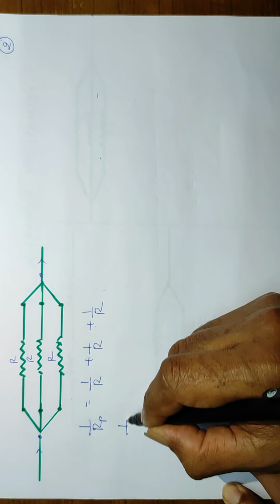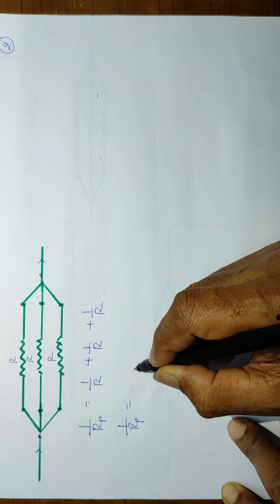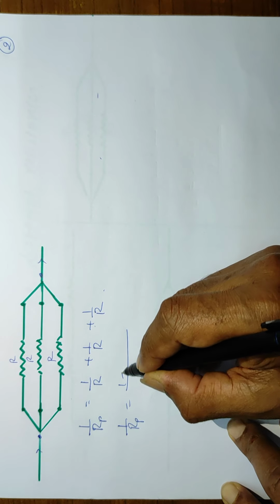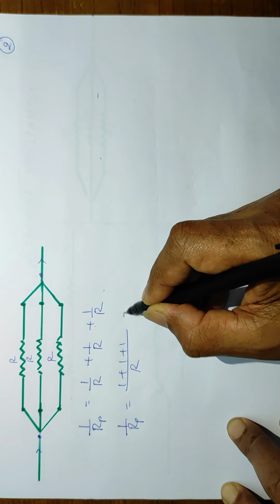That is 1 by Rp is equal to 1 by R plus 1 by R plus 1 by R, LCM is R only.